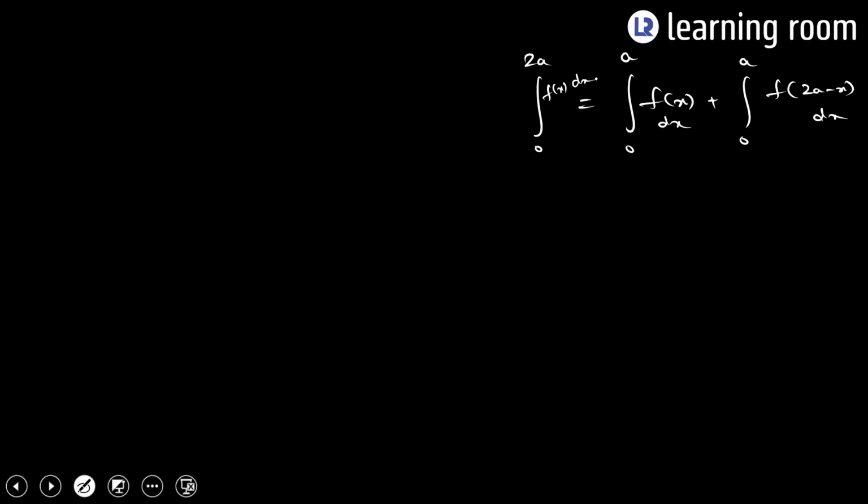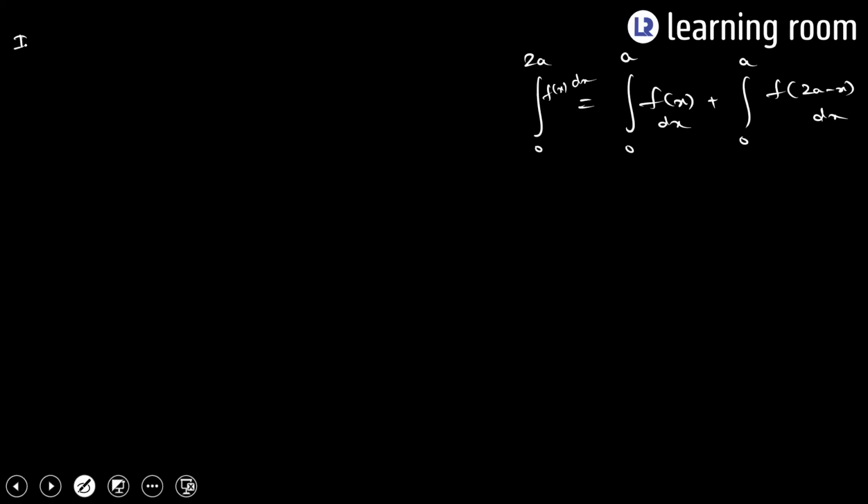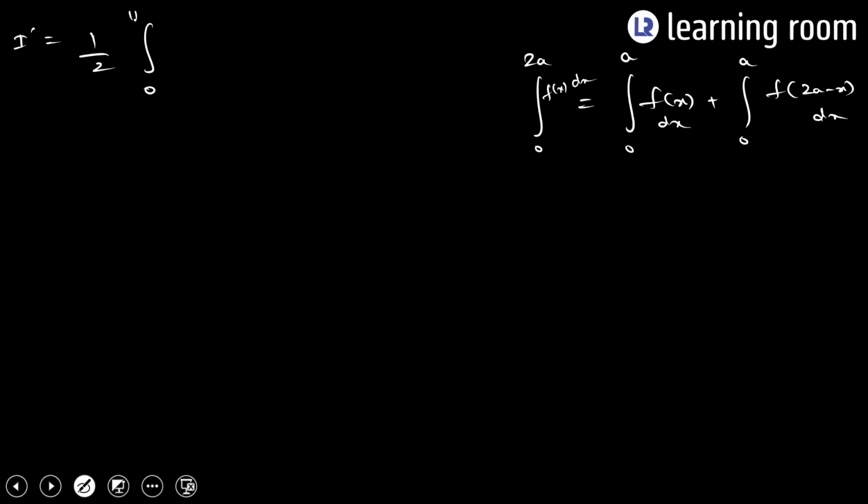Now, why I used it is, in the previous step I have I dash is equal to half of integral of 0 to pi log of sin t dt. Do I have this? In this case, that pi is my 2a. So 2a and pi are same. So I will write I dash is equal to half into integral of 0 to pi.